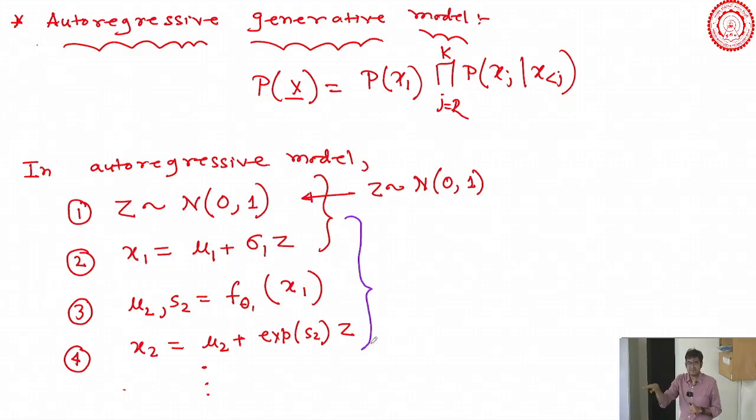And because affine coupling is invertible, this is invertible. The condition, however, is that mu and s should be known, right? Making sense? Any question? No question, right? So if mu and s are known, this is invertible. The question, however, is how are mu and s known?